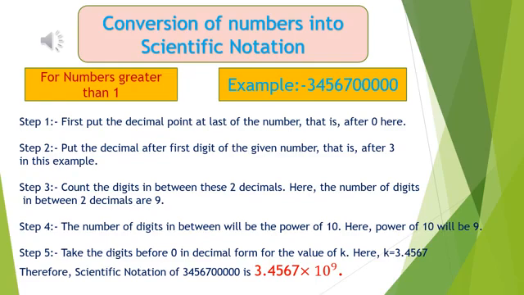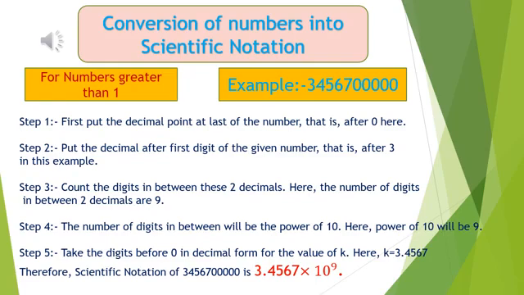Now step number 3 says to count the digits in between these two decimals. So how many digits are there in between these two decimals? I am counting and you have to count along with me.